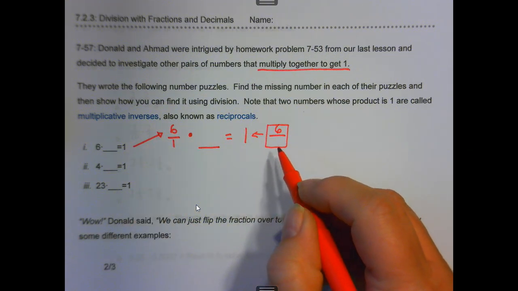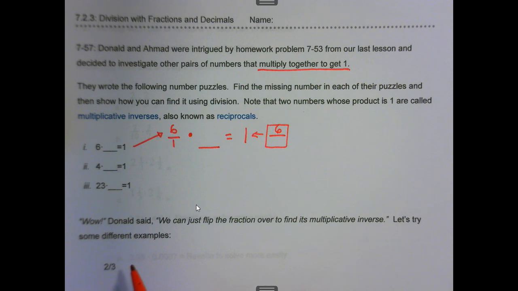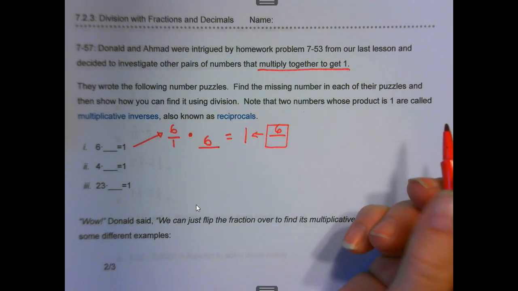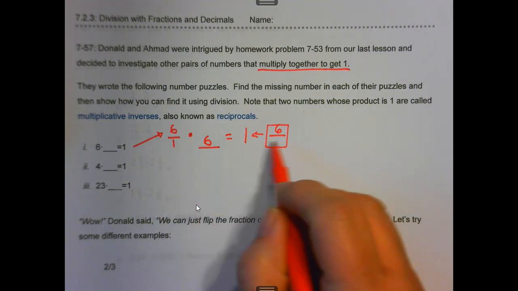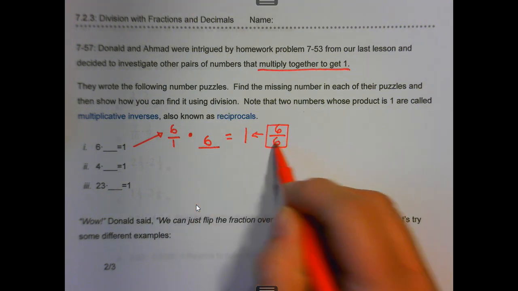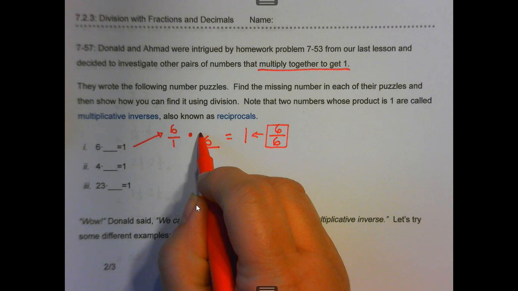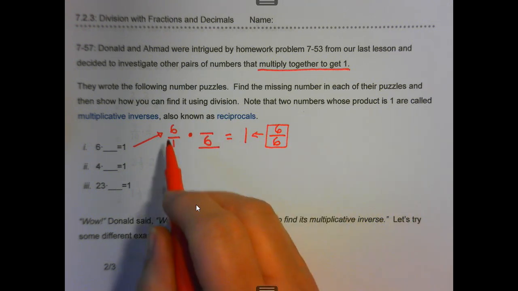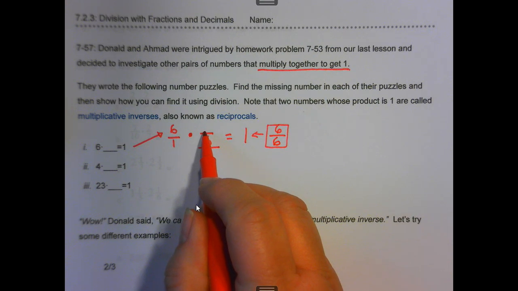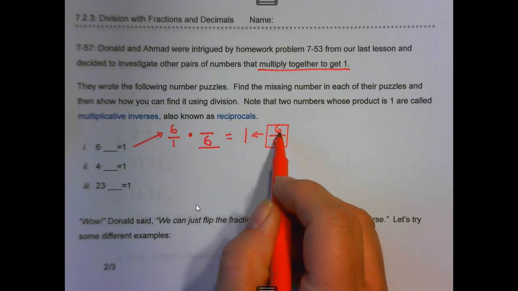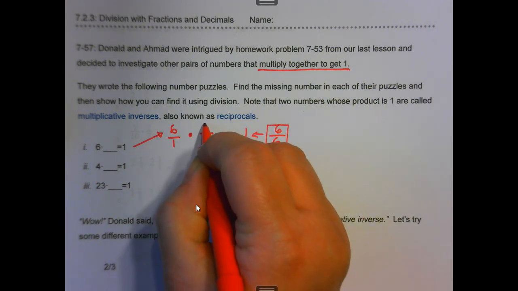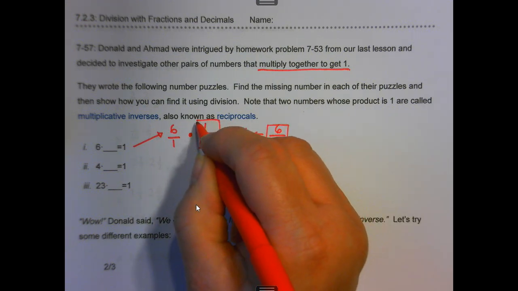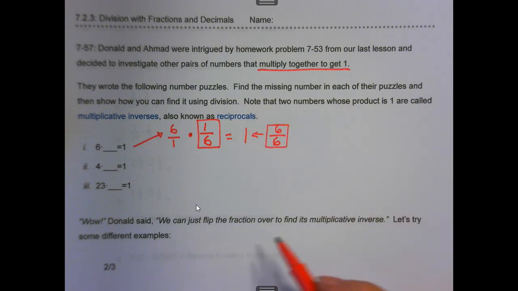And I think for a moment, and then I'm like, oh, that's right. If I put 6 in the denominator, 1 times 6 is going to give me 6. Now I have to think what goes on top in the numerator position. 6 times what is going to give me 6? And look at that. My missing part of my equation is 1/6.